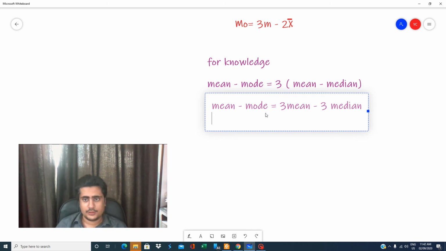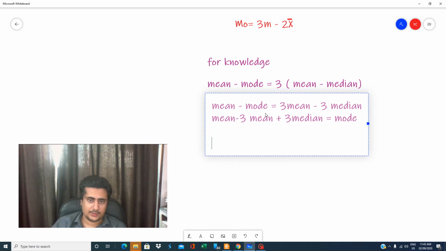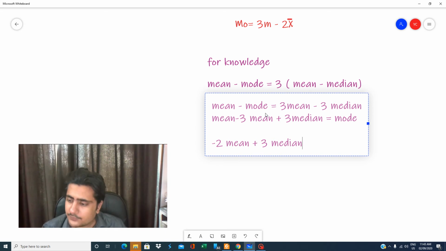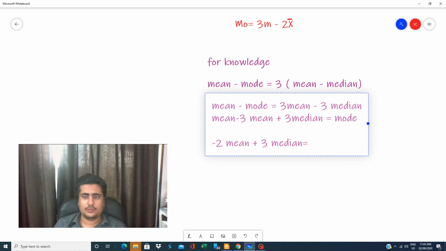Now if you shift mean and median to this side and mode to the right hand side, you will find mean minus 3 mean plus 3 median is equal to mode. I want to find mode, so mode should be my subject. Mean minus 3 mean is minus 2 mean, plus 3 median is equal to mode.